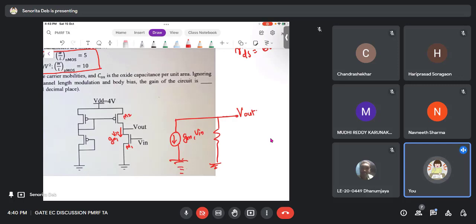So now the question is, what is RL? You have to see it from the Vout perspective, from this side. Again the arrow is not coming. I have drawn it, so let me wait for some time.